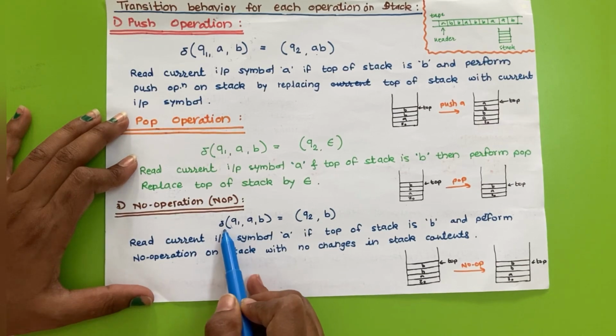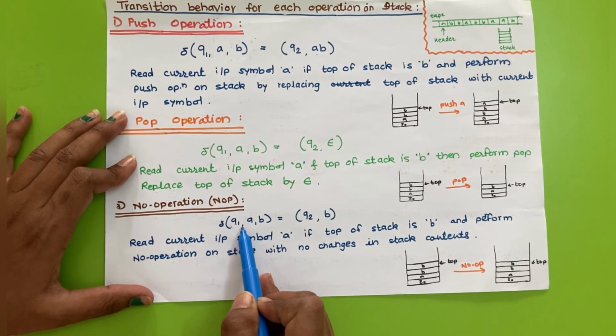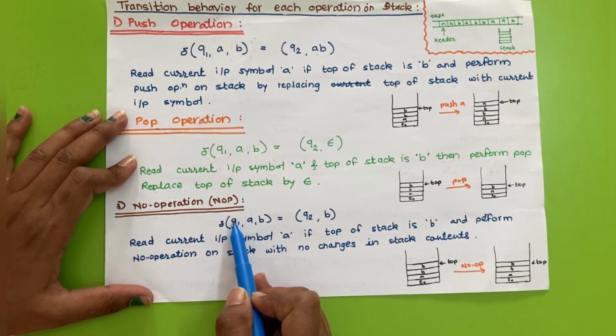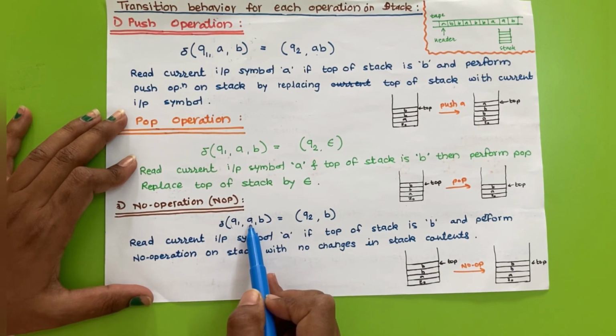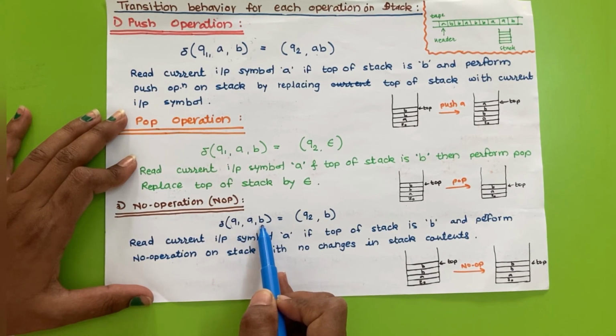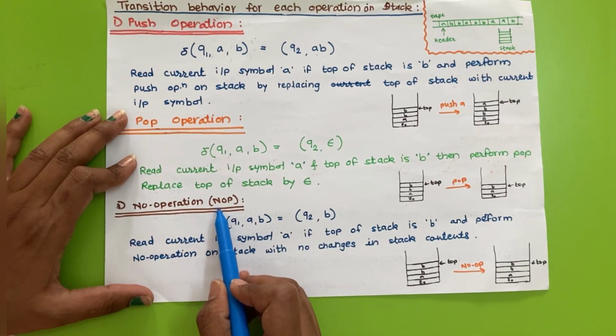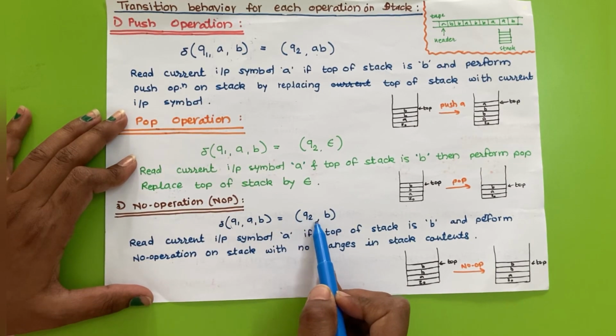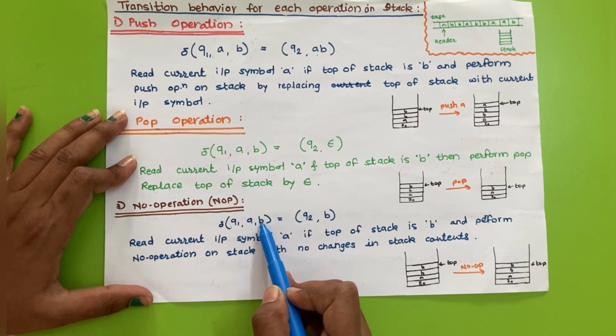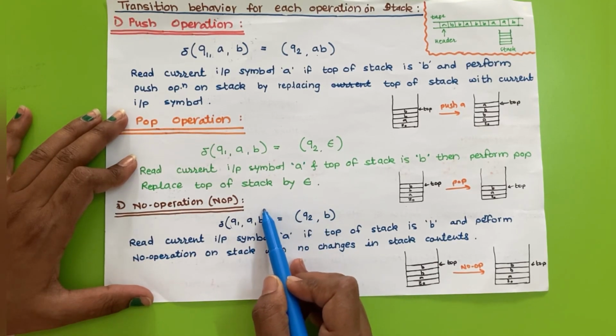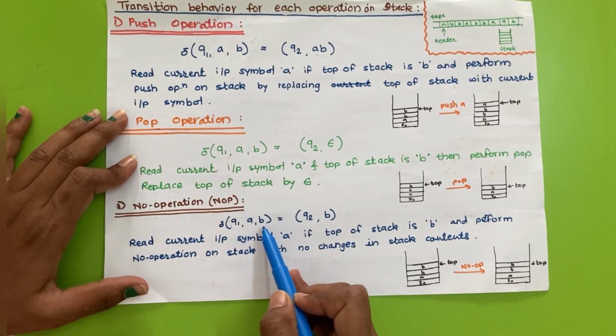So the situation will be like delta of q1 comma a comma b, which means we are in state q1, we are reading input symbol a and top of stack is b, and we wish to perform no operation, then that will be represented as q2 comma b. Here this b will be the same as the given b.